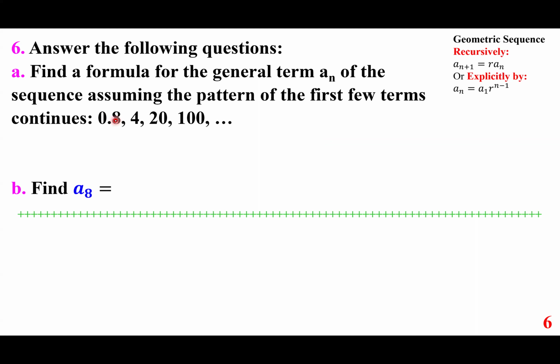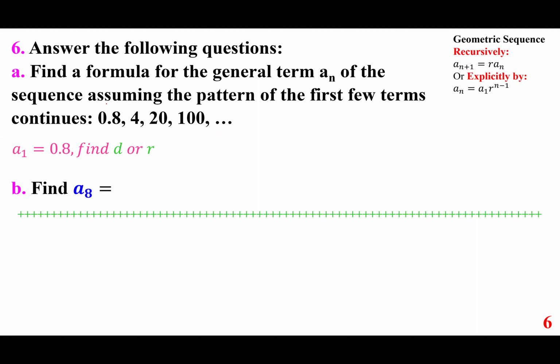Well, the first term is 0.8. Therefore, we have to either find d or r. It may be a common difference, makes it an arithmetic sequence, or maybe a common ratio. It seems to me the difference is not that good. So let's look at a sub 2. This is a sub 1. Let's write a few of them.